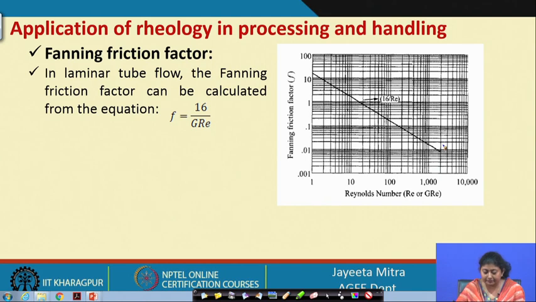In the laminar region, from this chart we will see where the friction factor f value is, and then we will put it into the previous equation where we are calculating delta P f by rho, and then we can get the friction loss. This kind of chart was first developed by Moody for Newtonian fluid in the laminar and turbulent flow, and it has later been prepared for the generalized Reynolds number or non-Newtonian fluid as well.